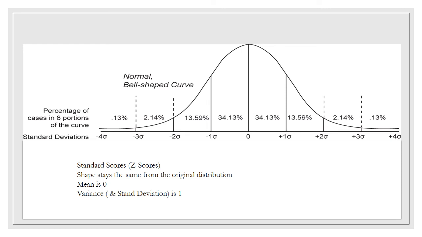But two critical elements change. The mean is transformed to be 0, regardless of what the original values of your data were. The mean will be 0, and the standard deviation and variance will both be 1. If the variance is 1 and we take the square root of that, we still get the value of 1.